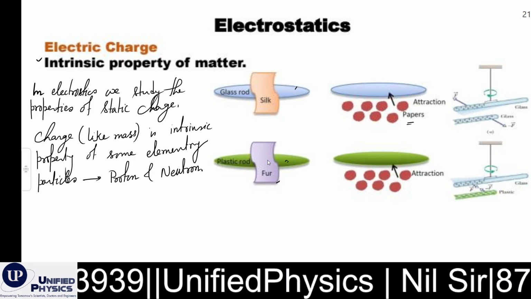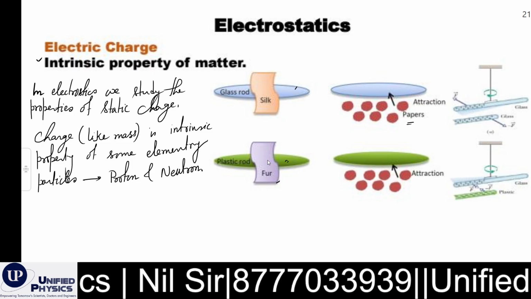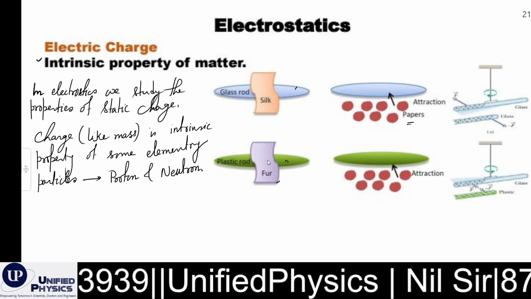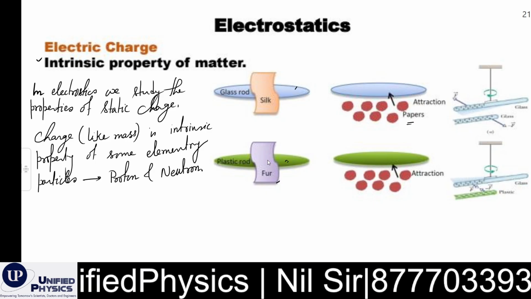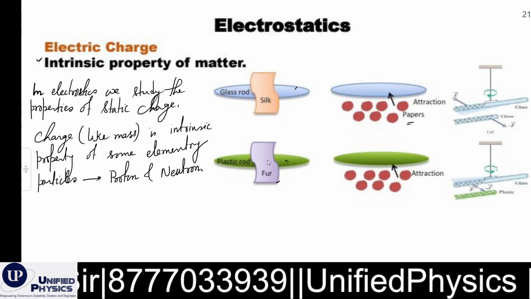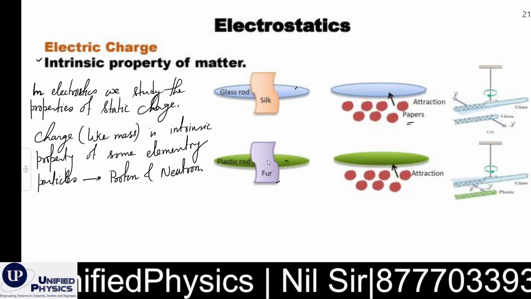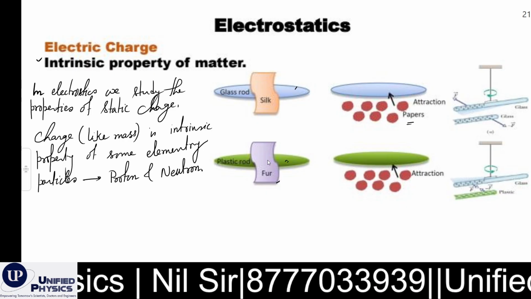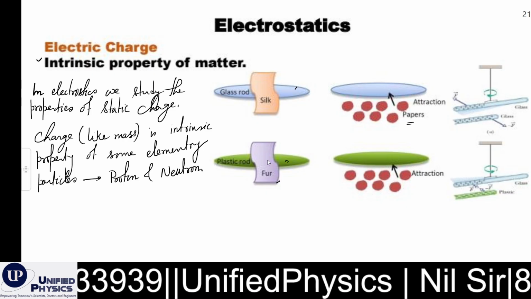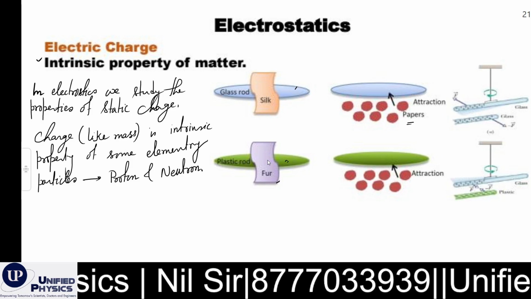So we name these two properties: one is positive charge and another is negative charge. Okay. So we name the proton charge as positive charge, and the electron charge as negative charge. But it is not like the proton charge is greater than the electron charge, and this negative or positive sign has nothing to do with magnitude. Actually, this negative or positive sign indicates the different nature of charge.